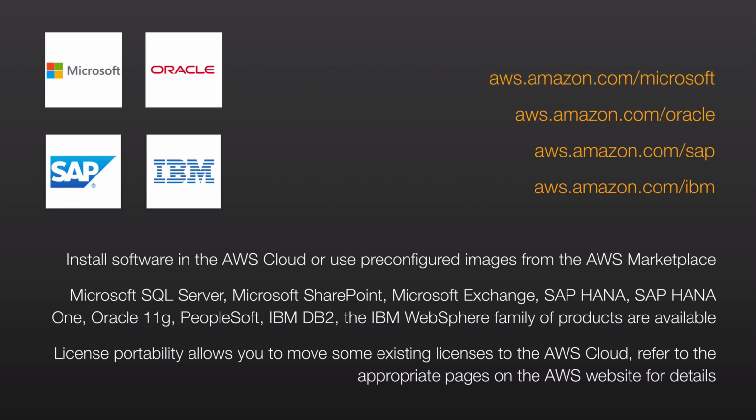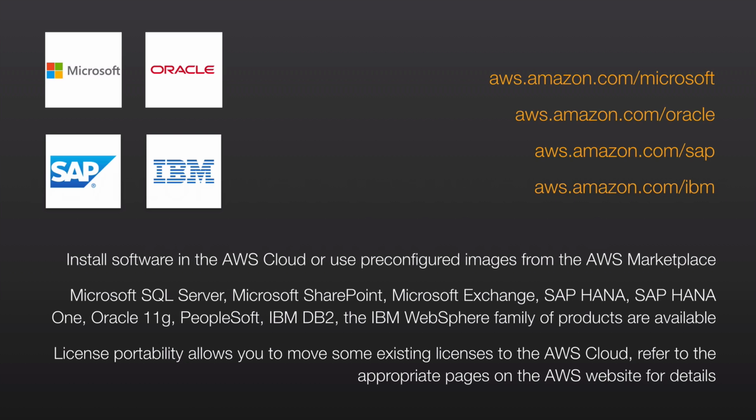You find details there about how you can install software from these providers in the AWS cloud, or use pre-configured images from the AWS marketplace, including products like SQL Server, SharePoint, and Exchange from Microsoft, HANA 1 from SAP, Oracle 11g, PeopleSoft from Oracle, and IBM DB2 and the IBM WebSphere family of products also.